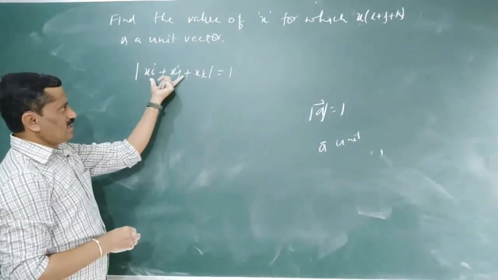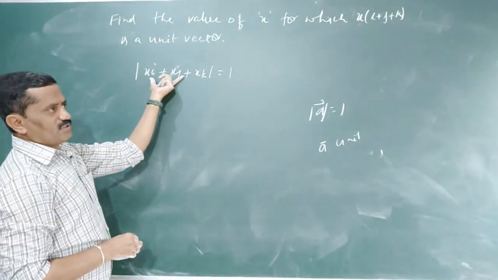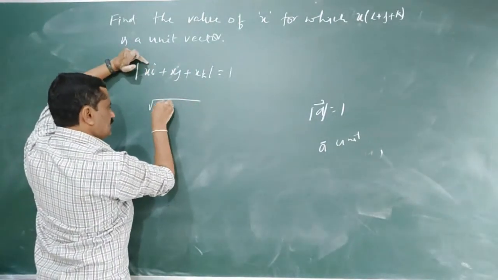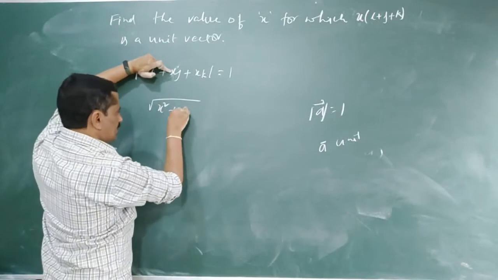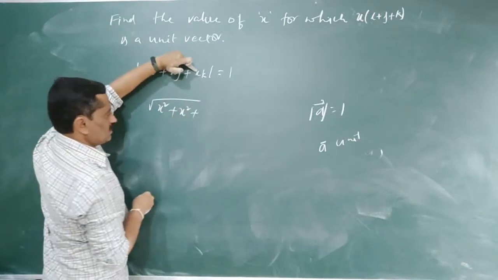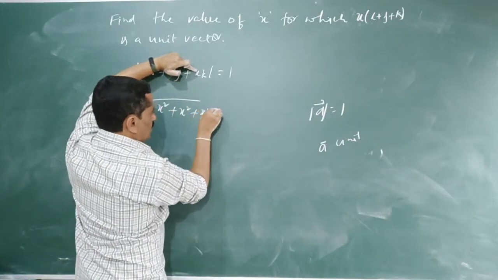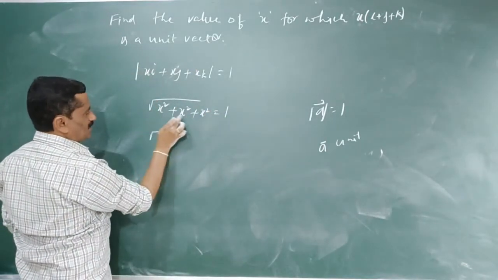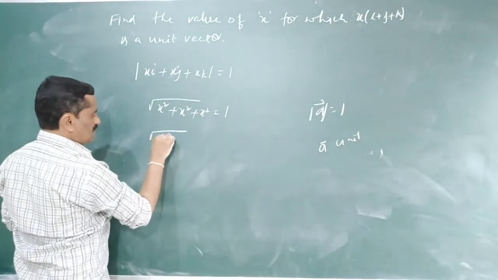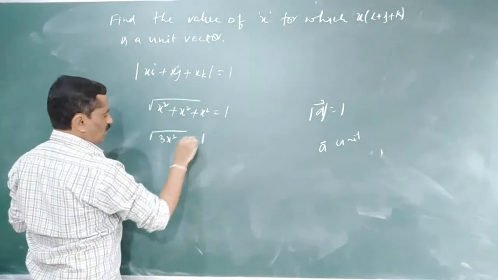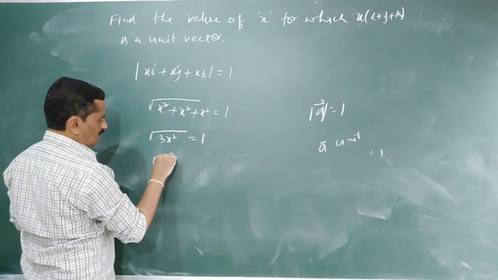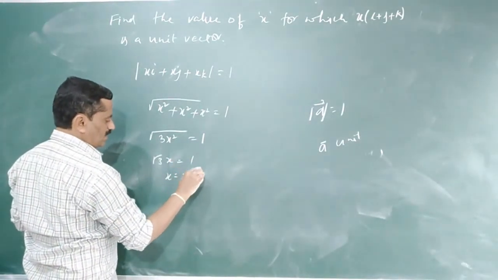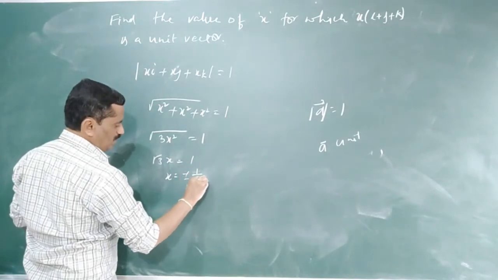We know how to find the magnitude of this vector: the square root of x squared plus x squared plus x squared, that is 3x squared, is equal to 1. Therefore root 3 into x is equal to 1. Therefore x is equal to plus or minus 1 divided by root 3.